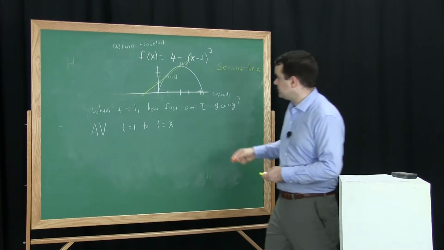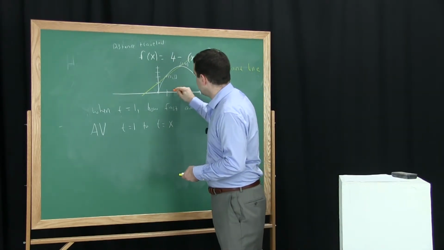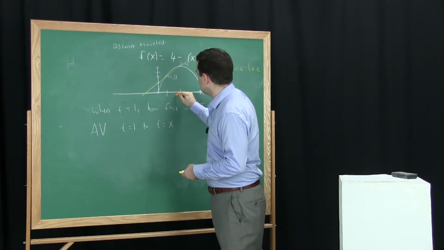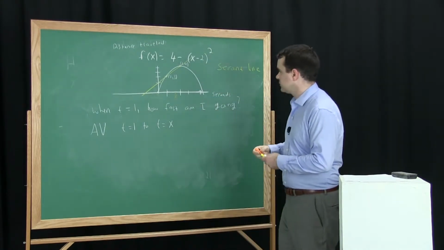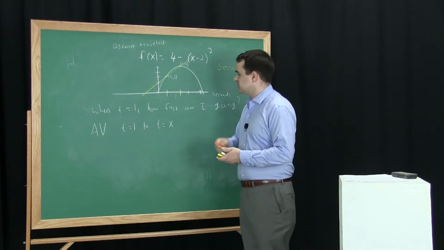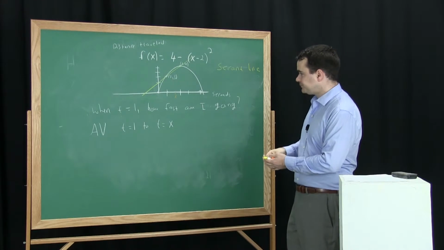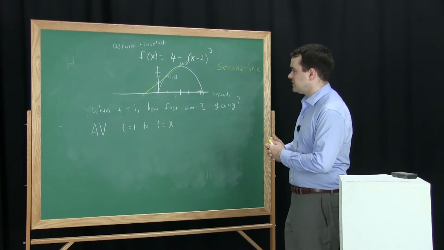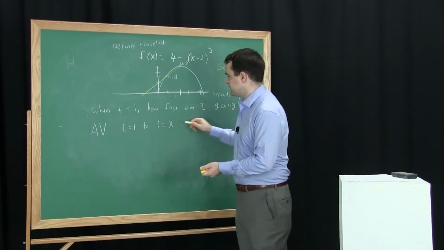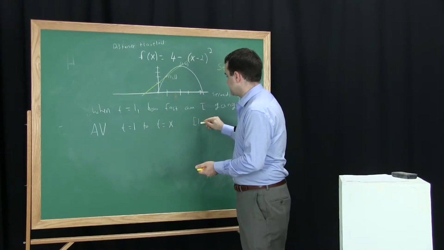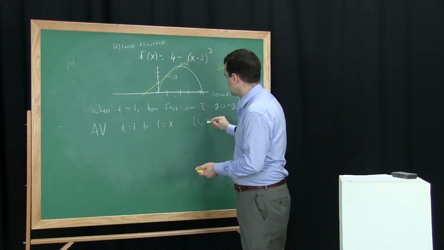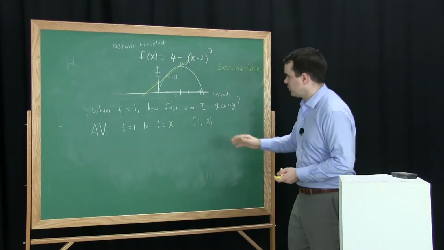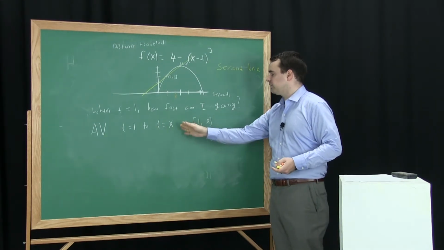So x would be somewhere around here. You want to make it really, really close to 1, but I just drew it out here so you could see it. So how am I going to do that? Another way to write this would be, if x is bigger than 1, it'd be the interval from 1 to x. Or if x were smaller than 1, it'd be the interval from x to 1.